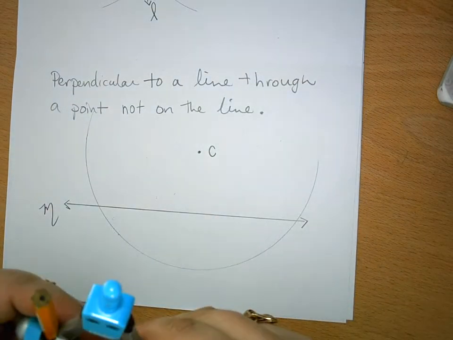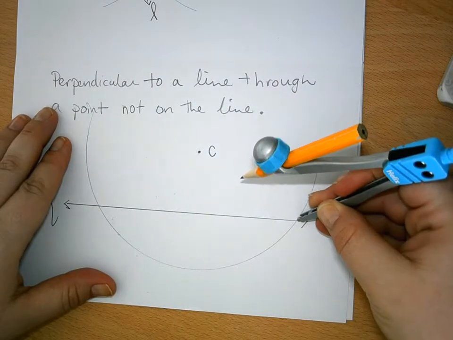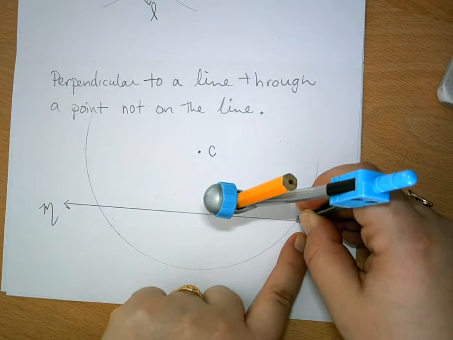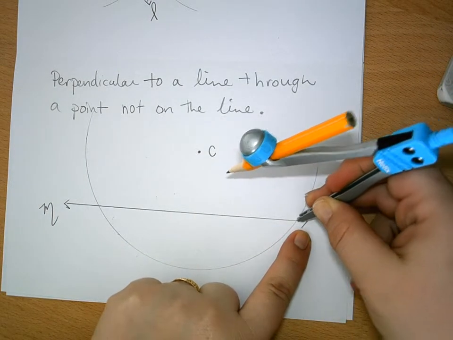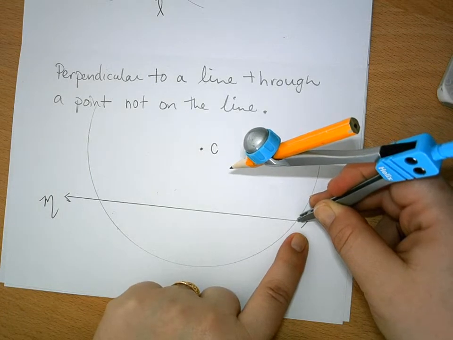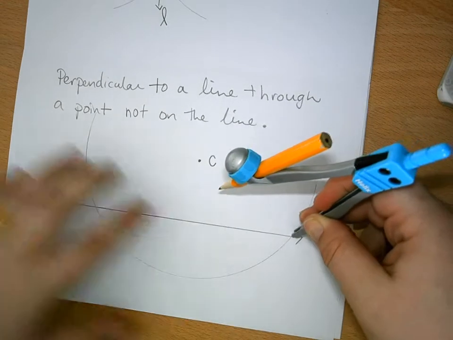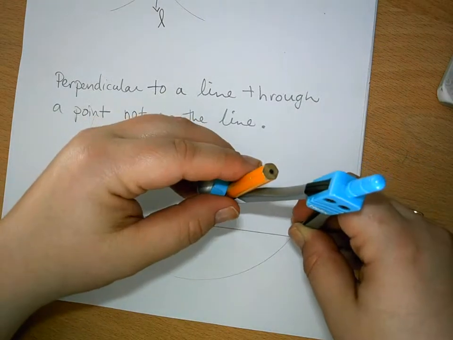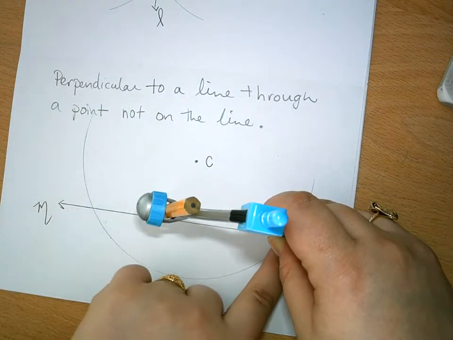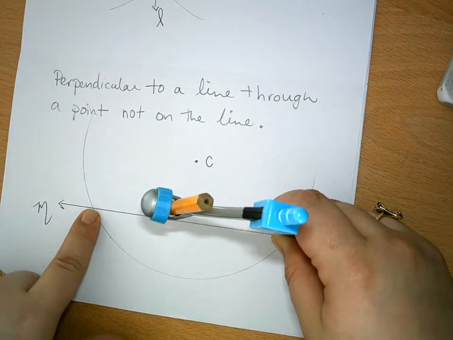Place your compass on one of the intersections, not on the endpoint of the line. This represents a line, that's why I put the arrowheads. It does not represent a segment, so this does not have an end. Now, go a little bit more than halfway of this new line.